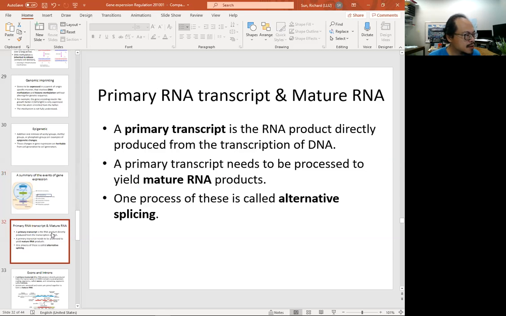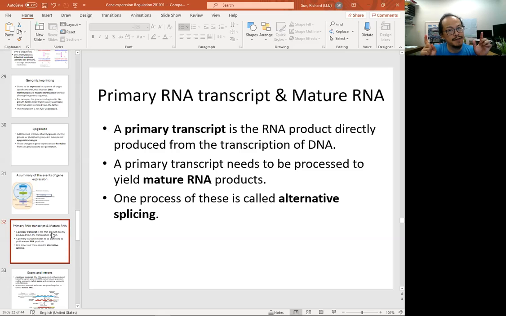So this is RNA splicing. It means that the precursor RNA, the one we first produce, is not the final RNA. It's immature. It's called a precursor RNA, or a primary transcript.